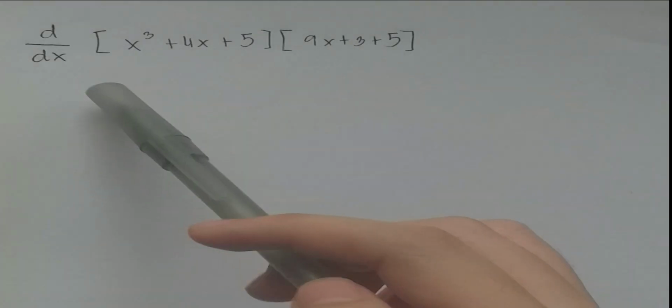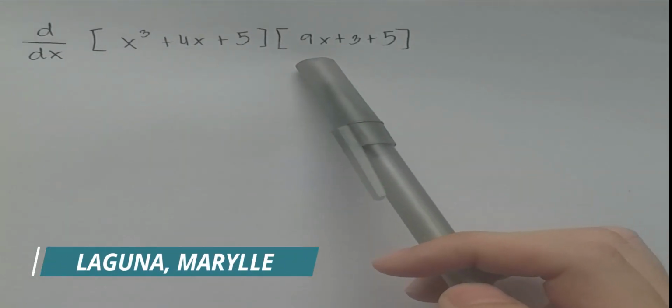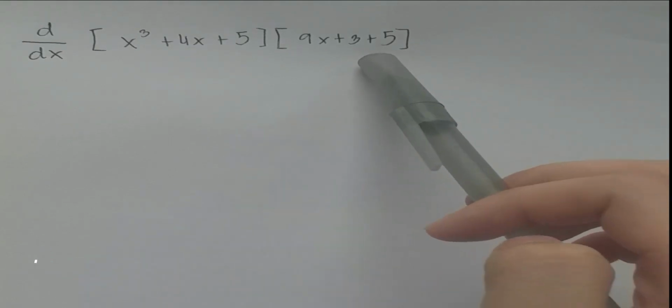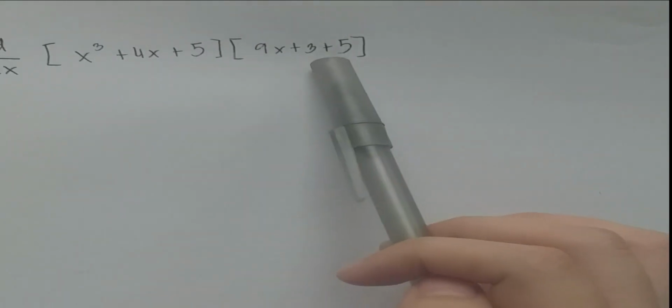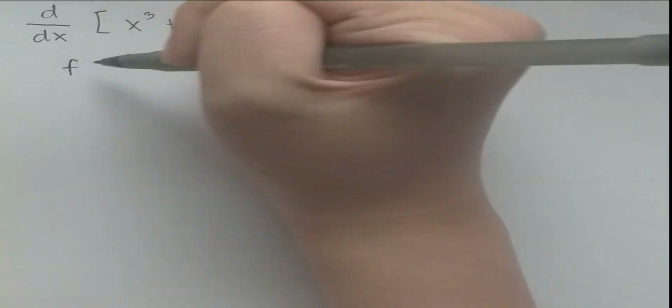We are going to find the derivative of x cubed plus 4x plus 5 and 9x plus 3 plus 5. Our f is this, and our g is this. We're going to write it.